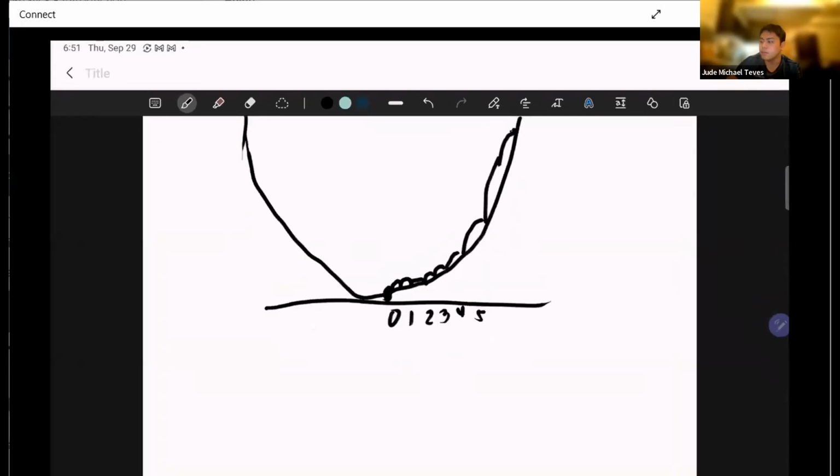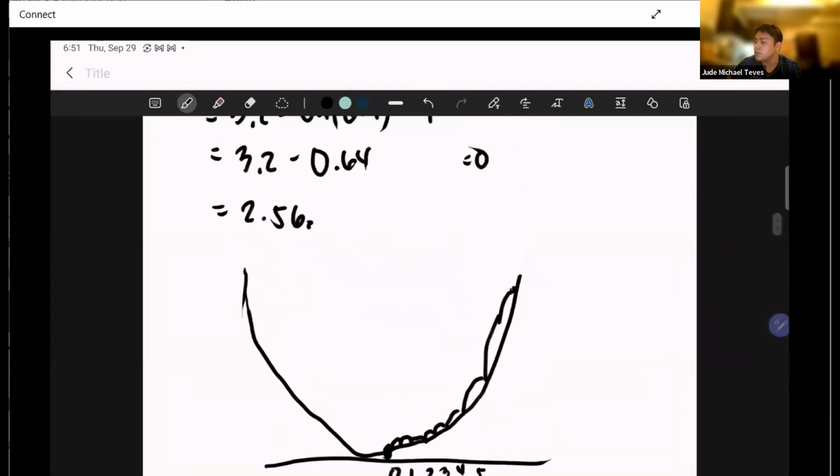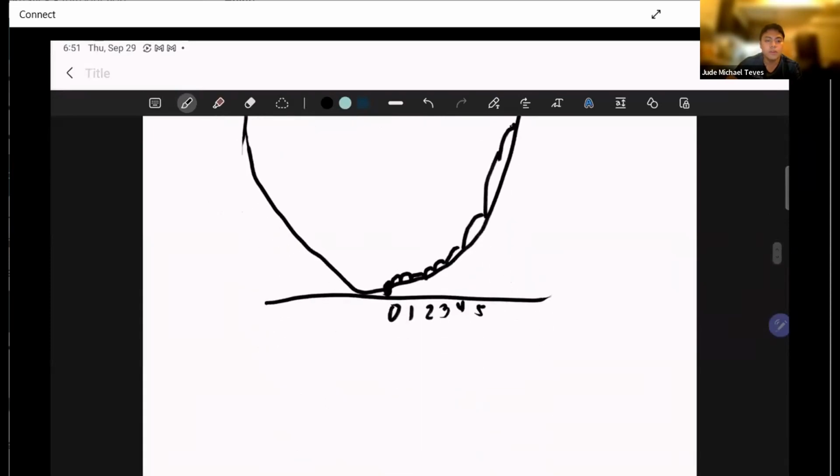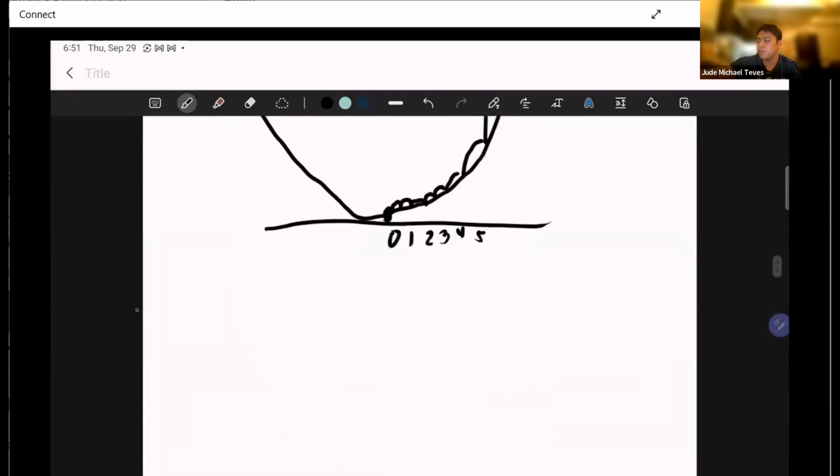This one. Sorry, this one. How do we do this? What if this is our function? So now it's 3D. So we're not limited to 2 dimensions here. It could be like this.